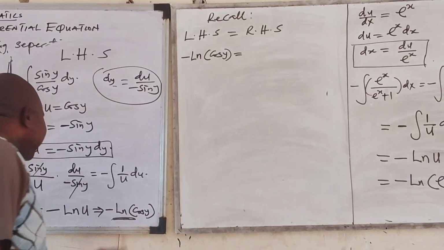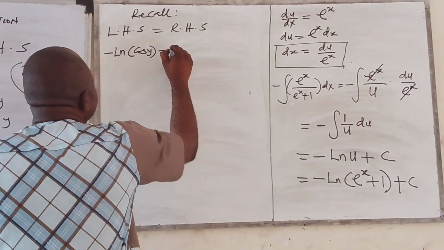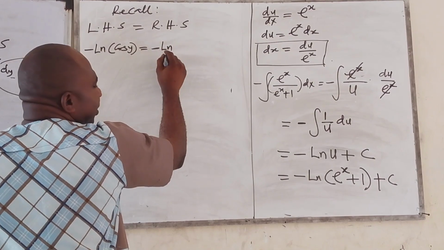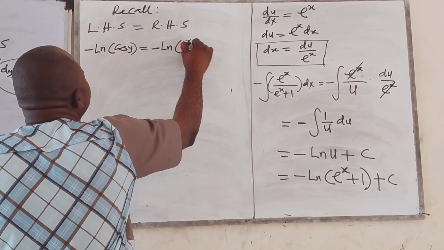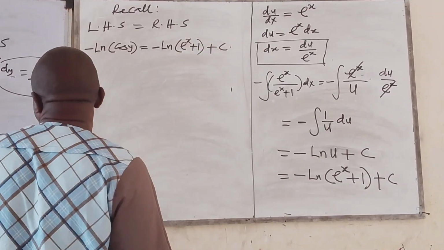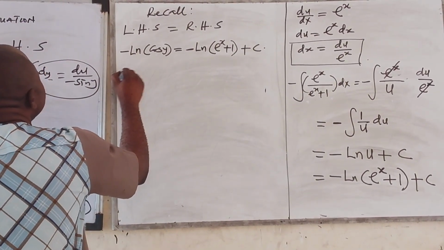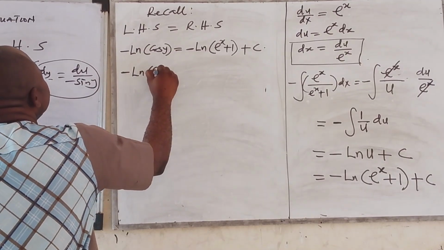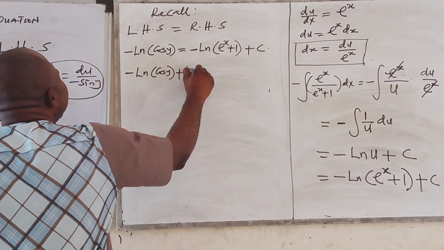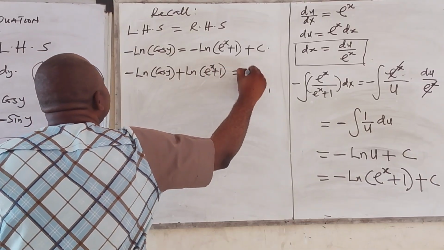Now for the right hand side, we have minus ln in bracket e raised to the power of x plus 1, then plus c. So at this point, it is the same as saying minus ln cos y plus ln e raised to the power of x plus 1 is equal to c.